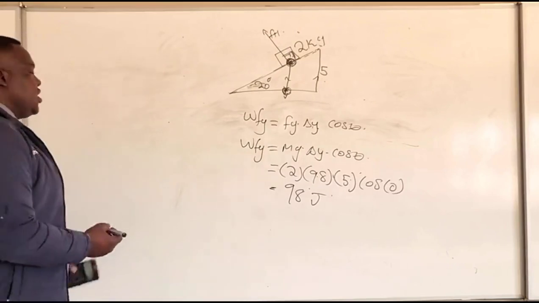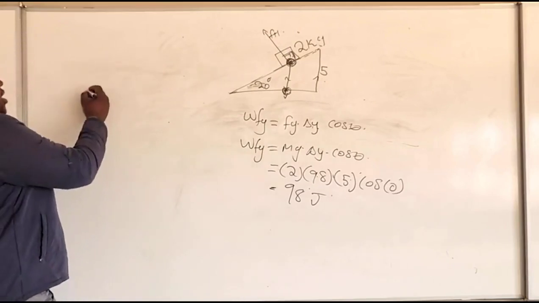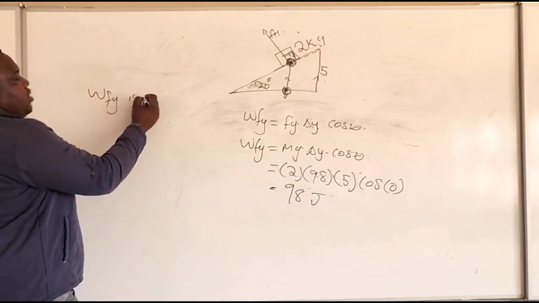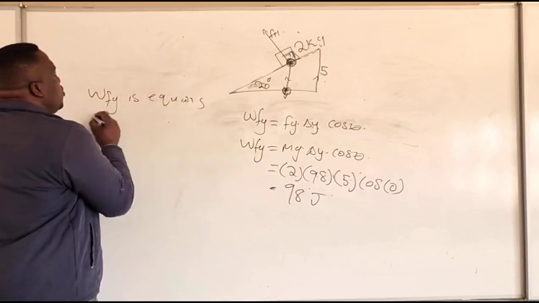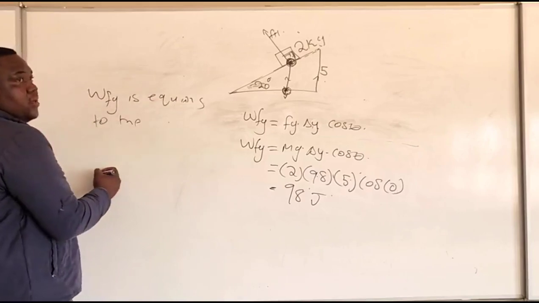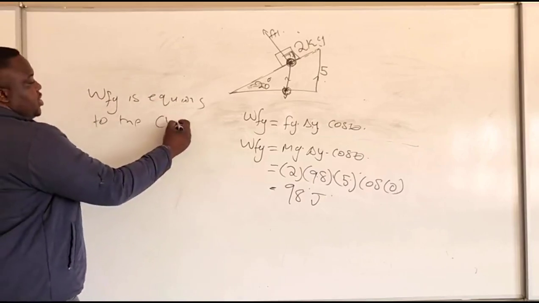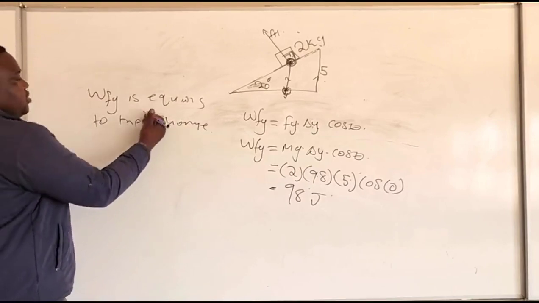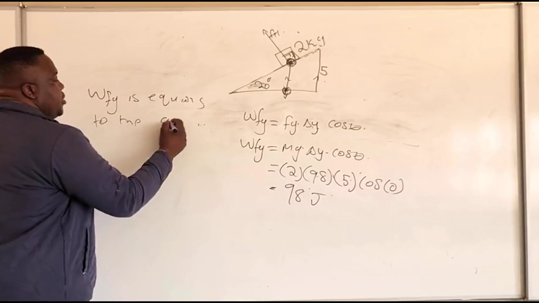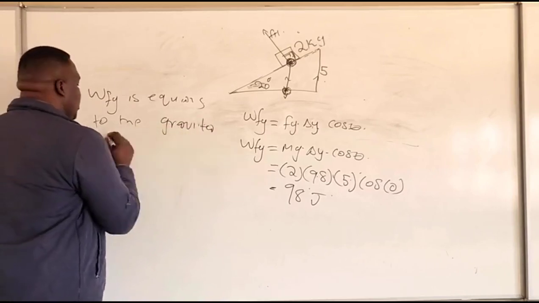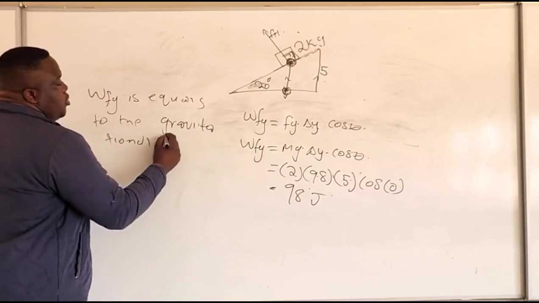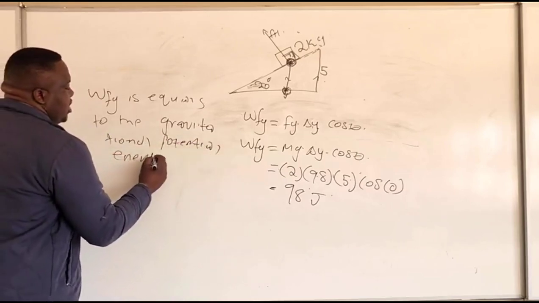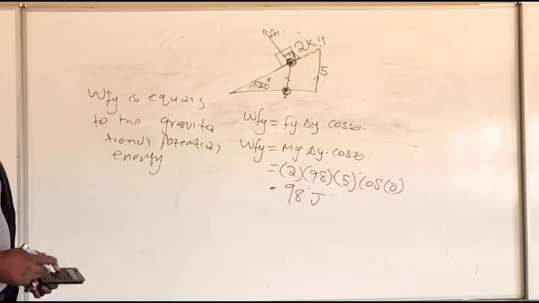Another thing we need to notice is that work done by gravitational force is equal to the change in the gravitational potential energy. This is something that I can just share with you for you to know.